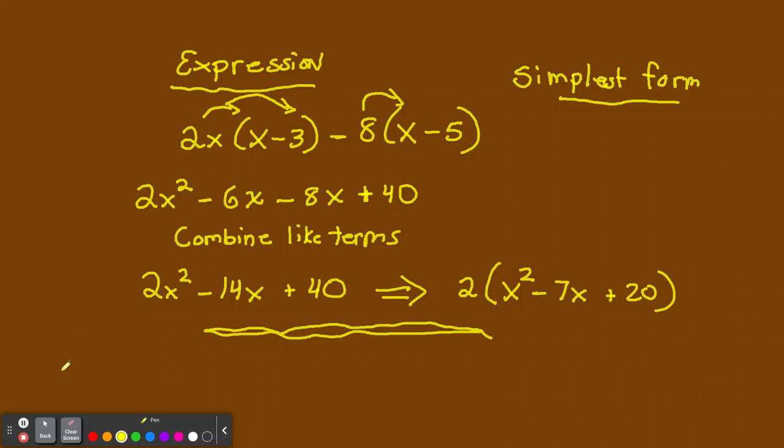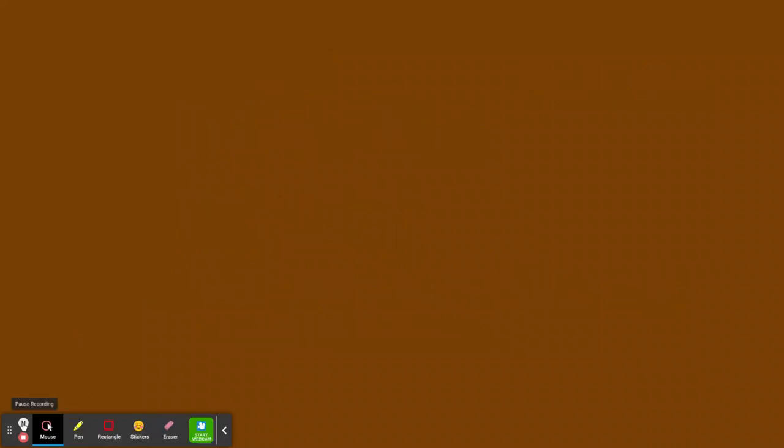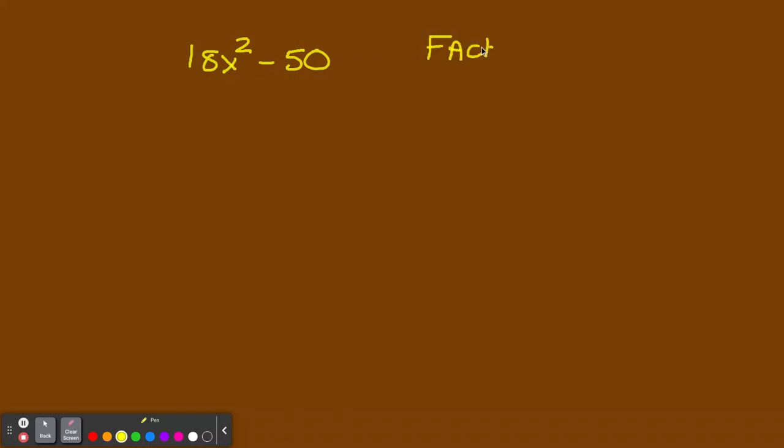Let's look at another question. Let's clear this out. All right, what about, say we had this type of question. Let's make sure our pen's working. Let's keep yellow. So let's say you had 18x squared minus 50. So this is an expression, and we should factor this expression. So if we factor this, what do you think we have to do?